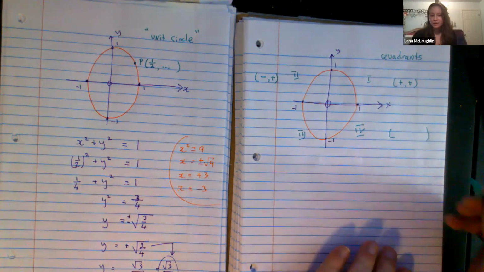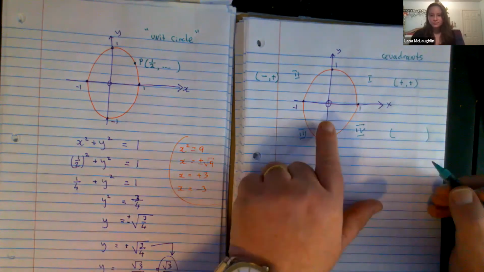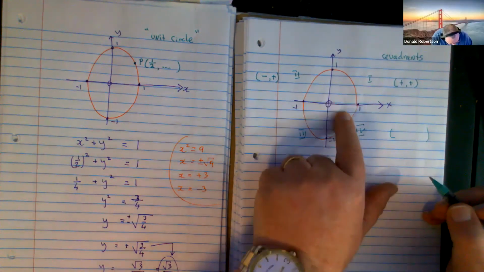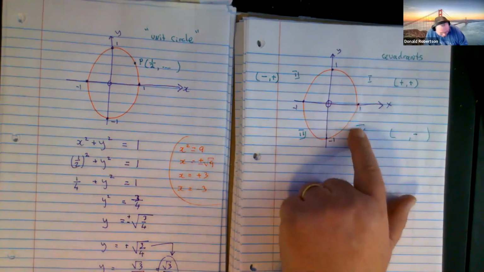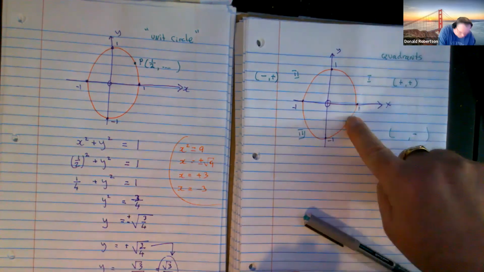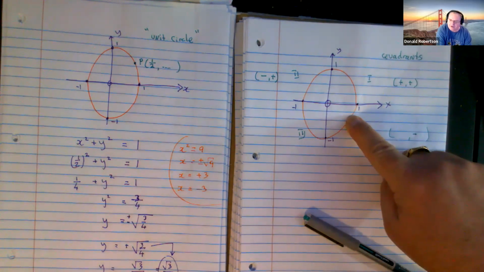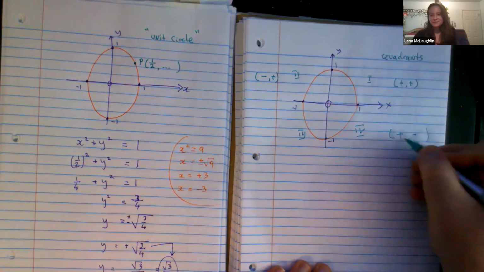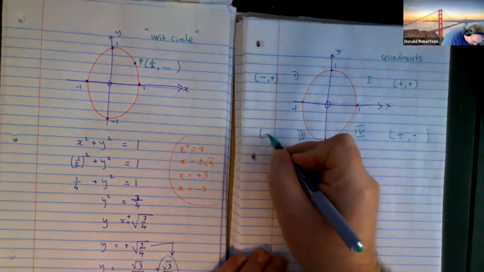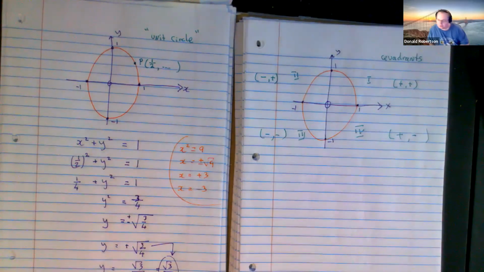Negative X and negative Y. Negative X? I like the negative for the second one, but if I randomly pick that point there where my finger is, would that have a positive or negative X coordinate? Positive. Yeah. But the negative one was right. And this one over here is the one that's negative and negative, right?